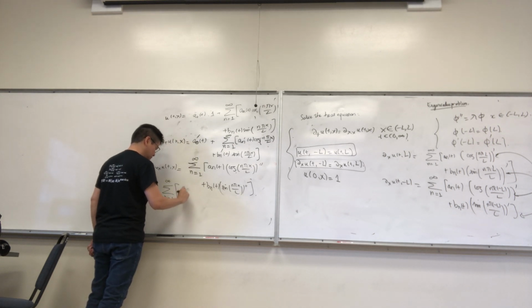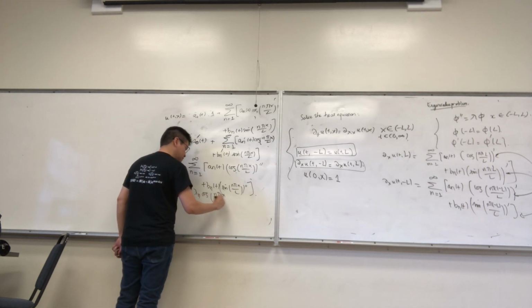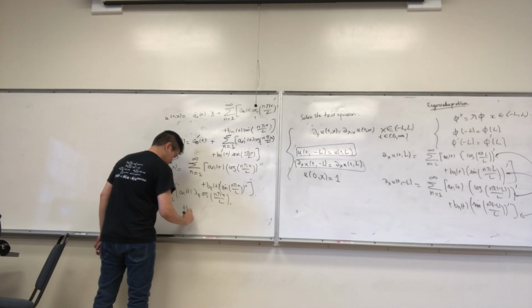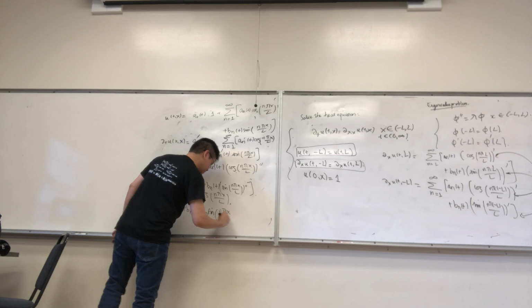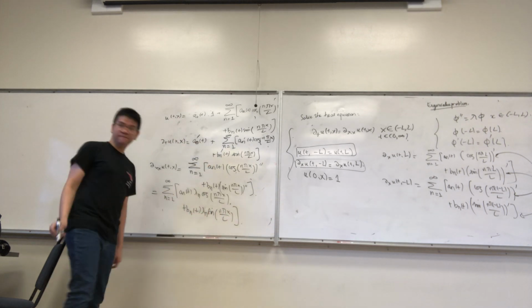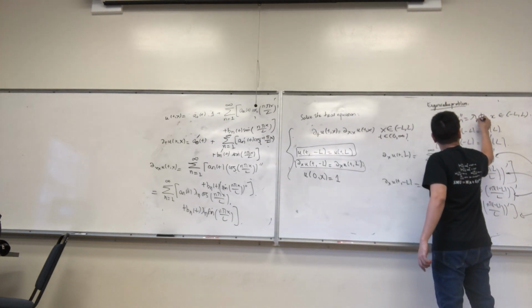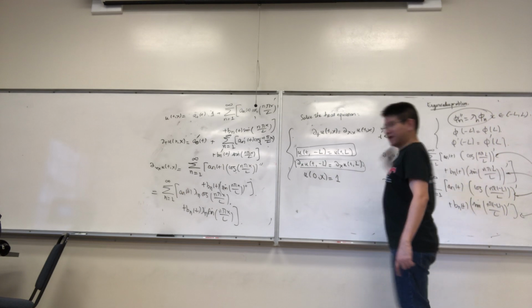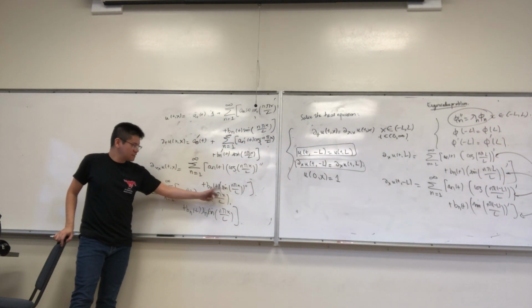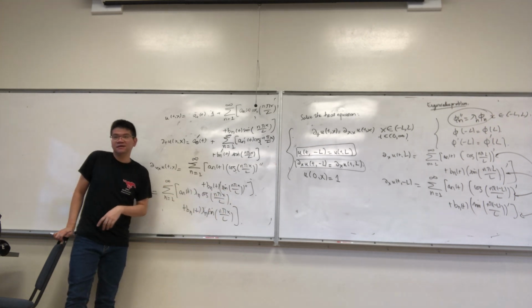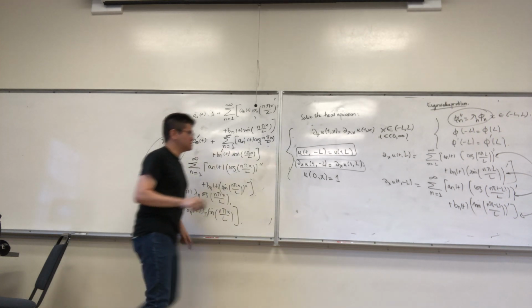So I have an(t) lambda n cosine of n pi x over L plus bn(t) lambda n sine of n pi x over L. Because we know that phi n second is lambda n phi n, which means that the second derivative of cosine is lambda n cosine, and the second derivative of sine is lambda n sine. Now, we know that this is equal to this because of the equation.